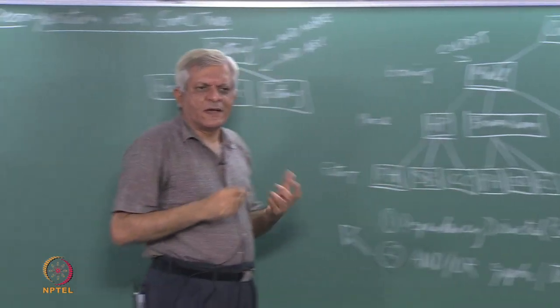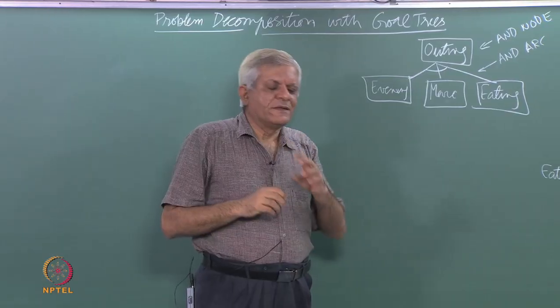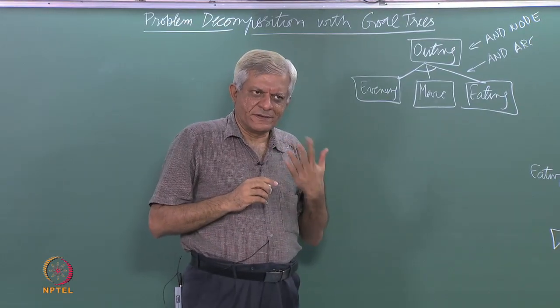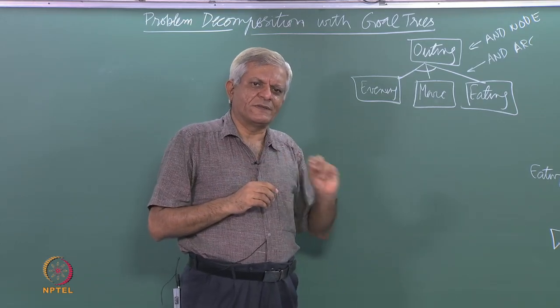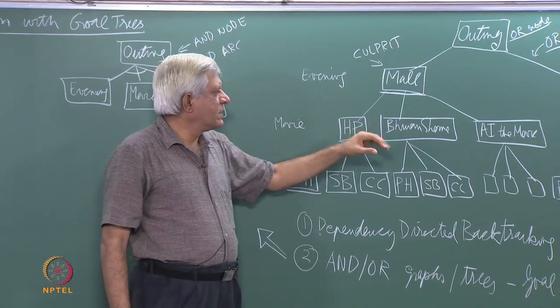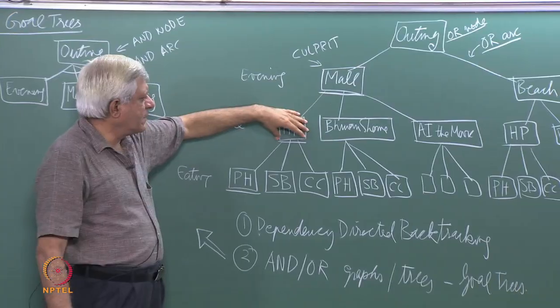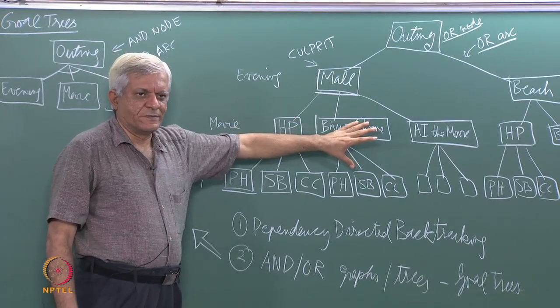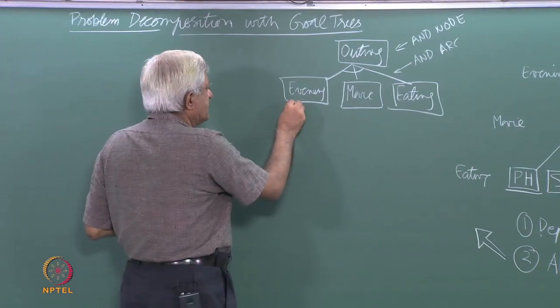So, an OR node has OR arcs below it, and the meaning of an OR node and an OR arc is that you have to do one of the things below that. For example, you have to either go to the mall or you have to go to the beach, or if you have decided upon the mall, then you have to choose Harry Potter or Bhuvan Shom or AI. That is an OR. So, we have all those OR choices here as well.